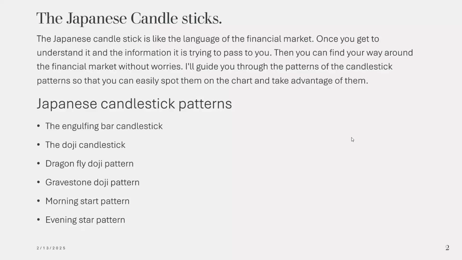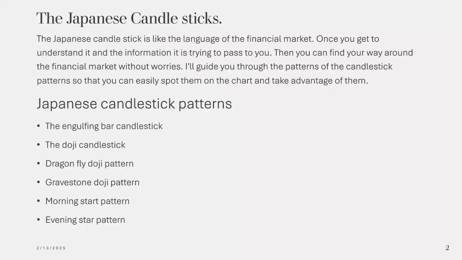So the Japanese candlestick, like I said, is the language of the financial markets. Once you get to understand it and the information it is trying to pass to you, then you can find your way around the market. So I'll guide you through the patterns. There are Japanese candlestick patterns, which are the engulfing bar candlestick.